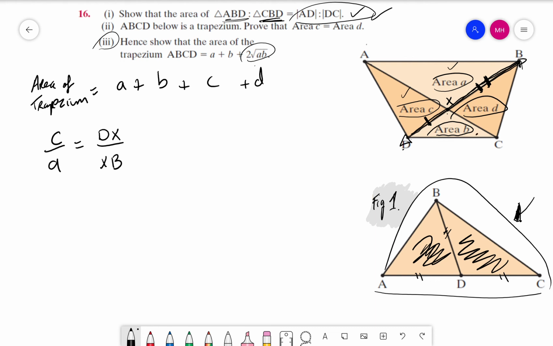When we look at this triangle here, the small area is this one here. So that's going to be B over D. So we're getting C over A is equal to DX over XB, which is equal to B over D. So these are these ratios.